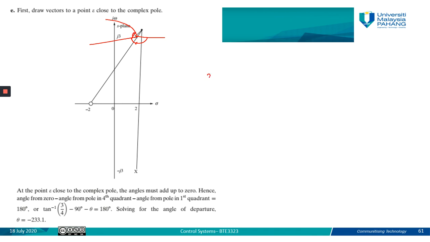-233.1 is actually equal to an angle of 180 minus 233.1, the angle of 53 plus 90, which is the angle of 143.